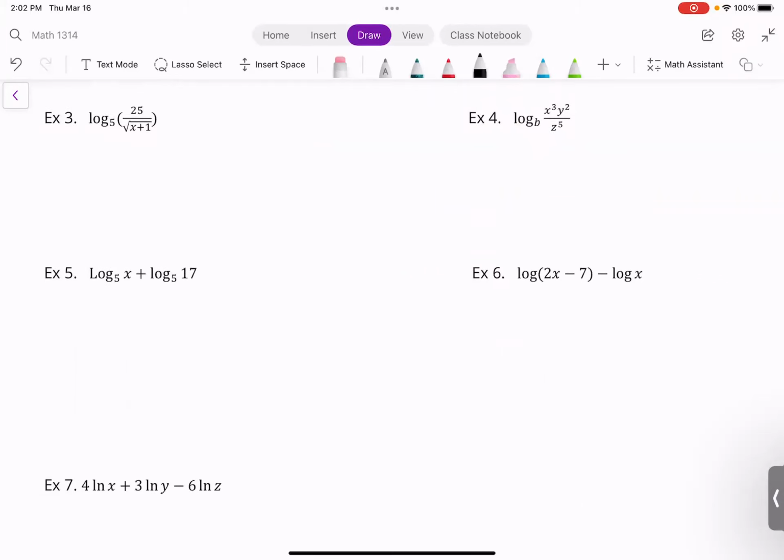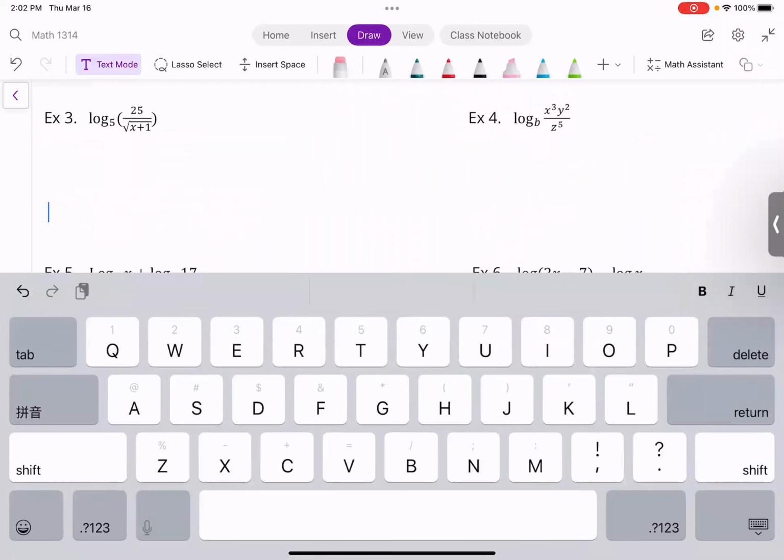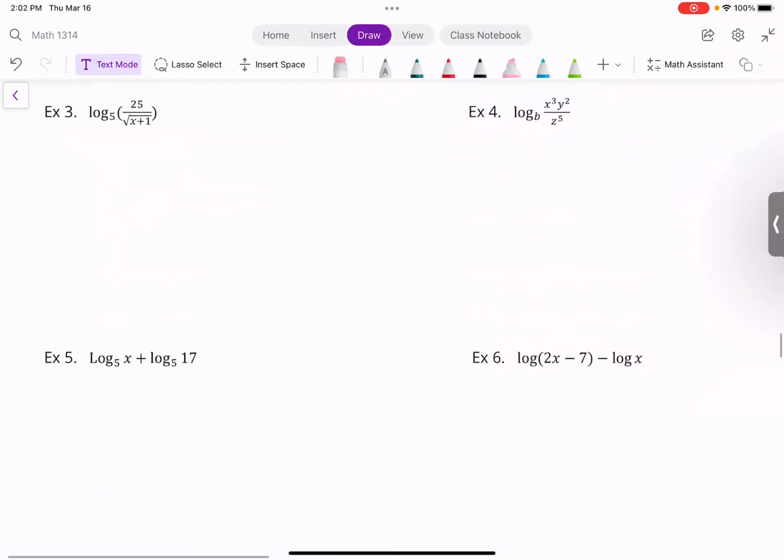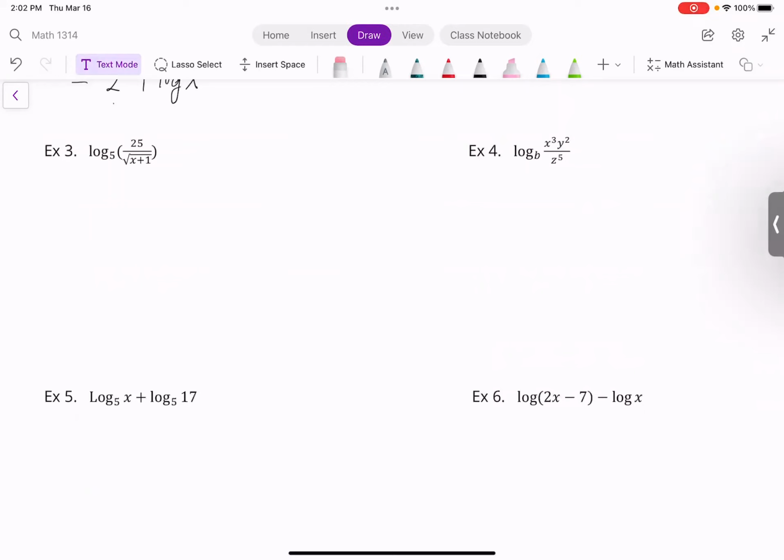Example 3, I think I need more space. Let's get more space. So first, I know that inside of the log, I have division. I can make a subtraction outside the log. So I have log base 5 of 25 minus log base 5 of the square root of x plus 1.